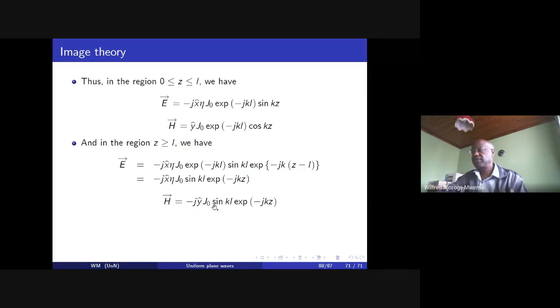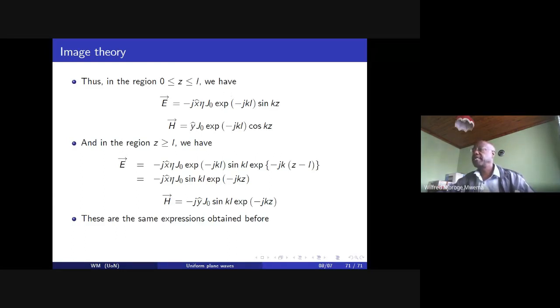And H is going to be given by that equation as well. And therefore, we see that the equations are the same as before, and we have now proved that we can use image source theory to solve the problems that we have. This is very important, especially when we'll be solving certain field problems, such as would be found when we are dealing with antennas.